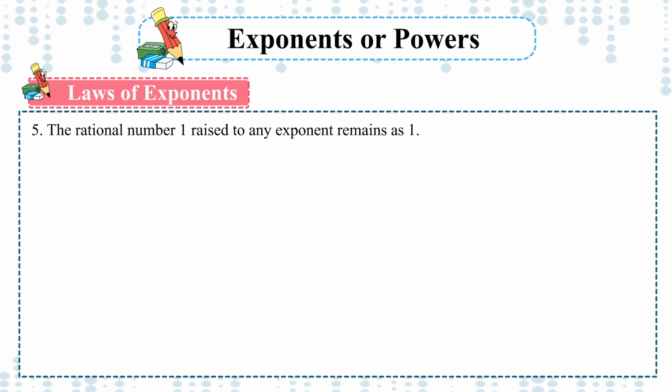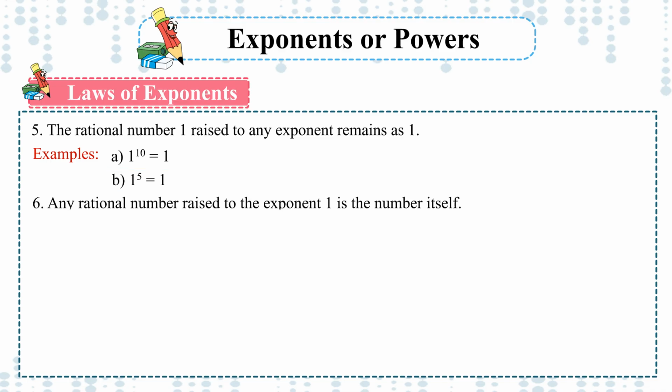5. The rational number 1 raised to any exponent remains as 1. Examples: a. 1 raised to the power 10 is equal to 1. b. 1 raised to the power 5 is equal to 1. 6. Any rational number raised to the exponent 1 is the number itself.